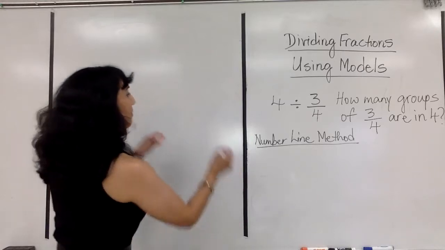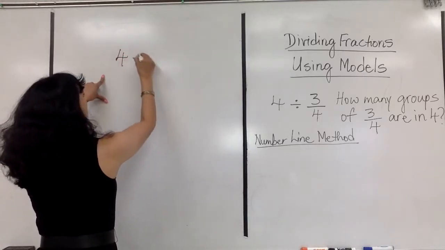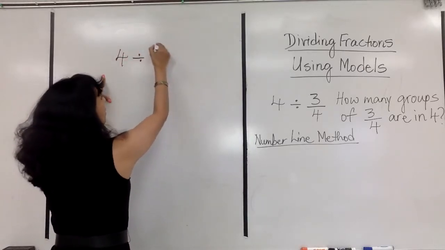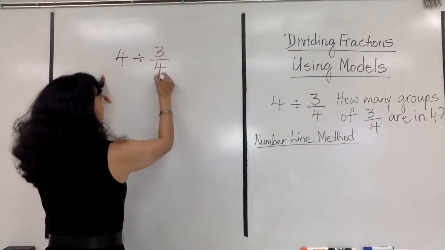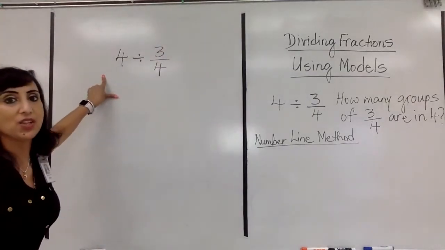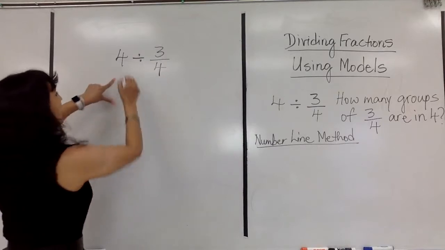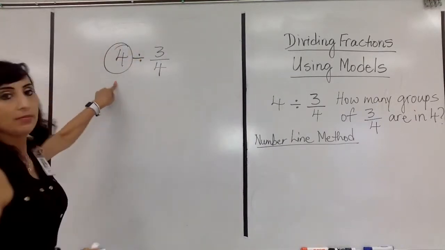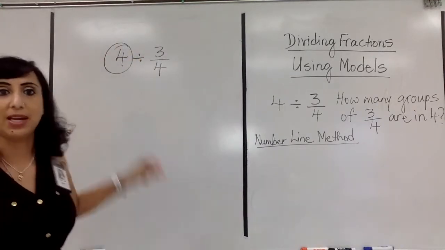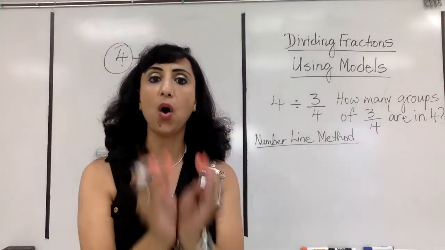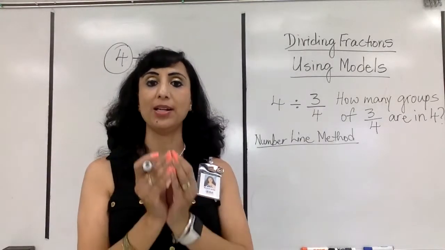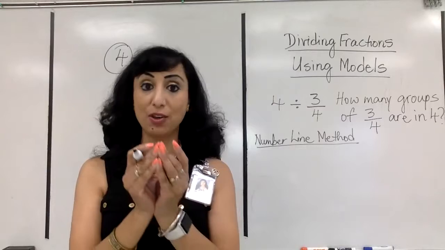Okay, so whenever we make a number line, or whenever we look at how many parts we should take, the first thing we need to look at is this. That tells me how many wholes I need to take. So my total number over here is 4.